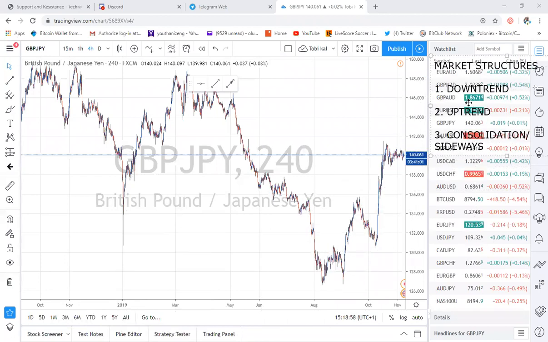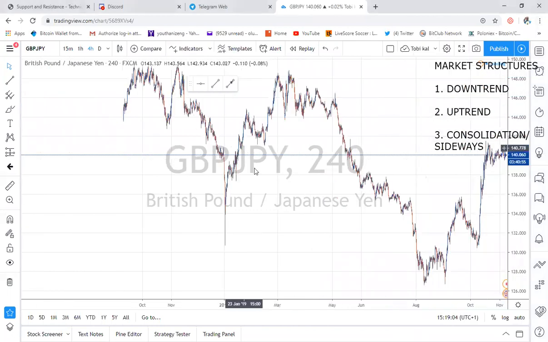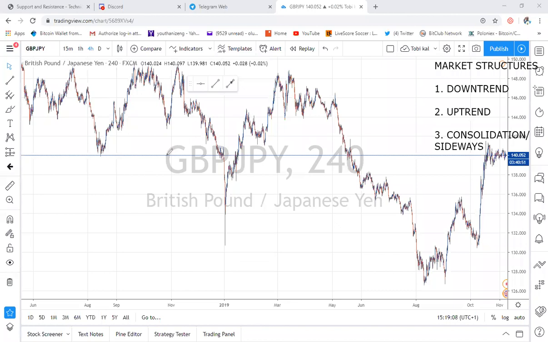Let me keep this somewhere here. Okay, so how do you know when the market is in an uptrend or in a downtrend? Look at this. I'm sure we'll see this from time to time on all charts. Let me do that again.